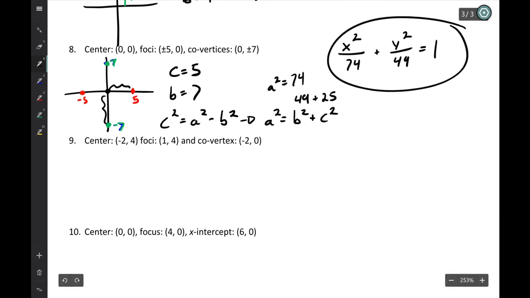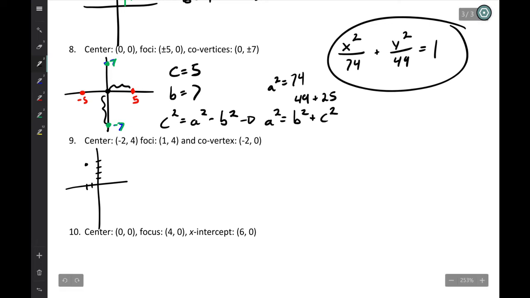All right, 9. It gives me a weird center, and then says the foci and covertices. So very much like the last one, but my center is a little bit different. Okay, let's make a graph. This is where graphing really kind of helps understand what's going on. My center is at negative 2, 4. So it's right there.